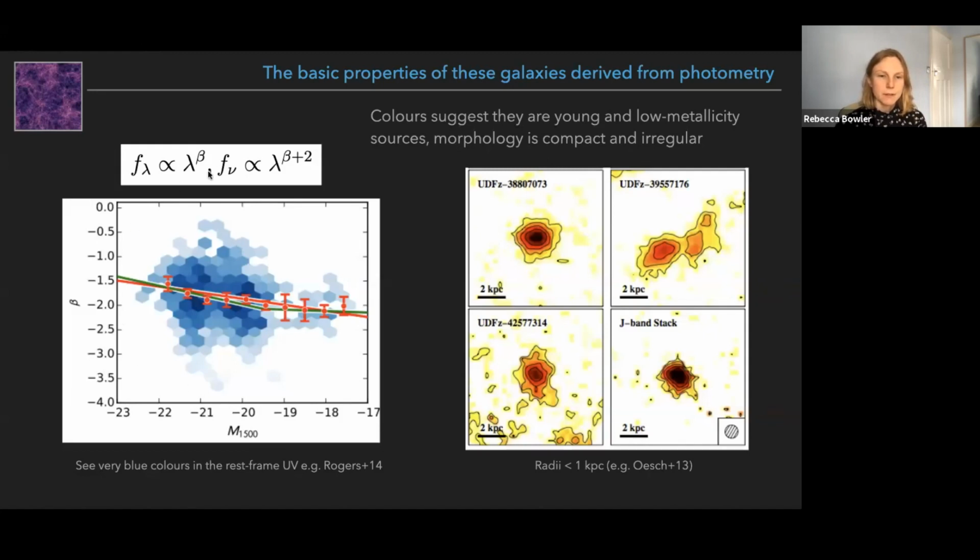Essentially, we just fit a power law to the rest frame ultraviolet, and the slope is parameterized by this parameter beta. It's not really important, but basically -2 is something that's very young and low metallicity. So we see that across a whole range of different luminosities, all of the galaxies at high redshift appear to be very young and low metallicity sources.